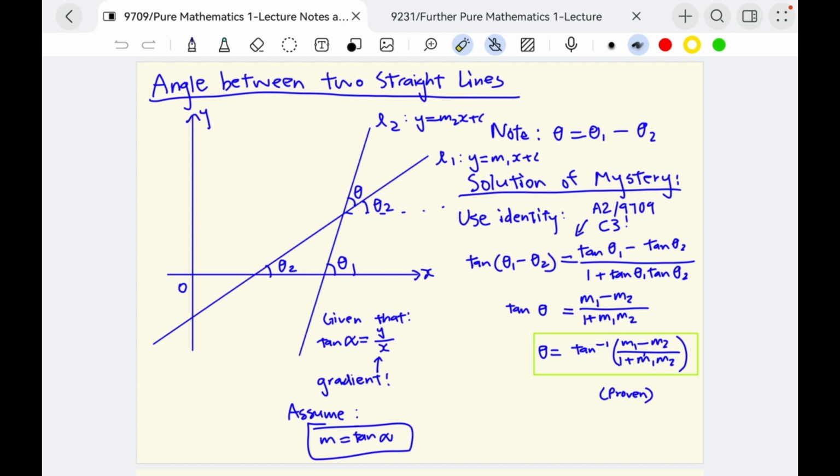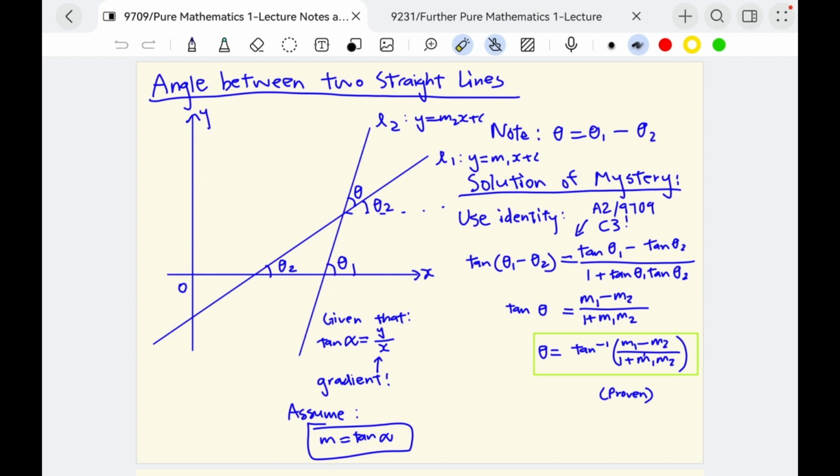Why are these two angles the same? Because this dotted horizontal line is parallel to the x-axis. So therefore here is theta 2. You may rearrange the relation into theta equals theta 1 minus theta 2.